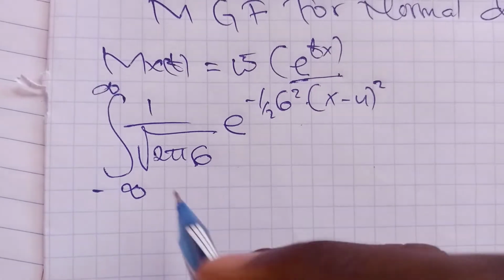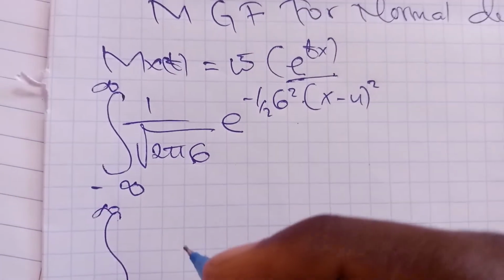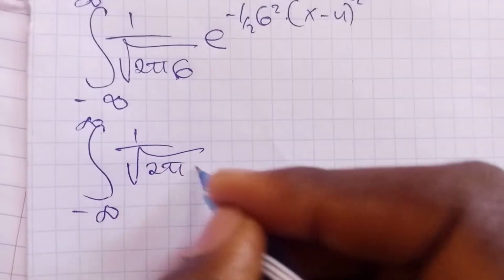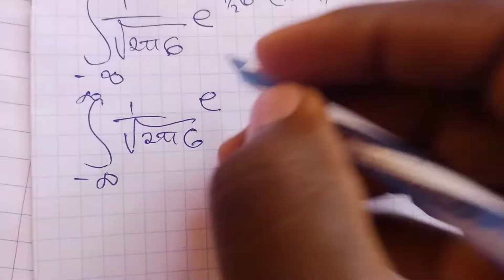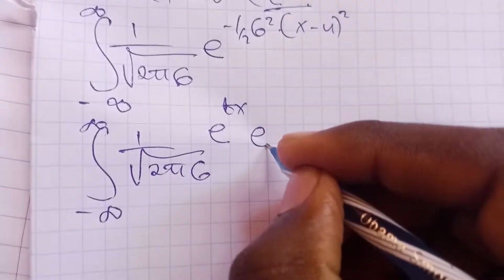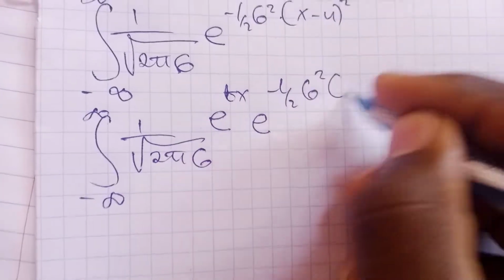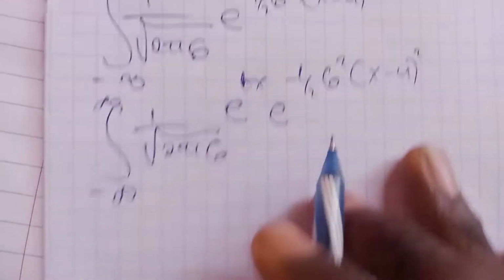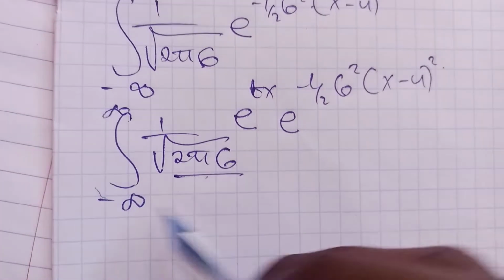So we will get the integral from negative infinity to infinity of 1 over root 2 pi sigma, then e power tx, then e power negative half sigma squared (x minus u) squared. This is a constant, so you can move it outside.